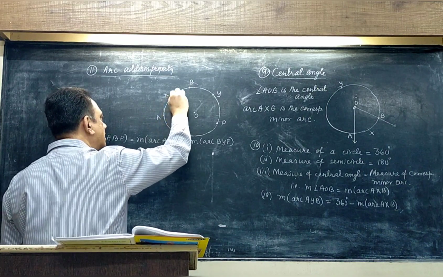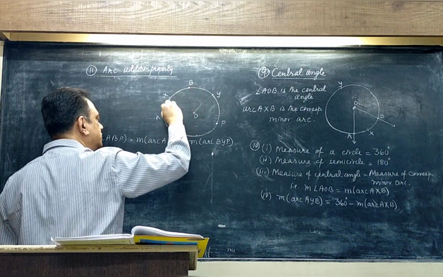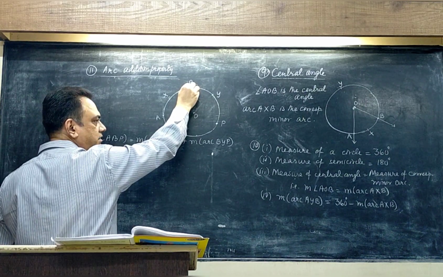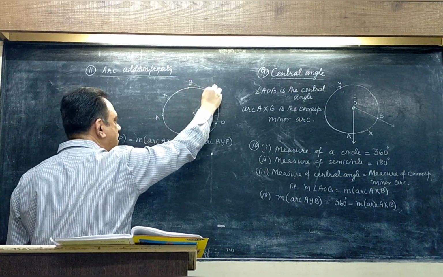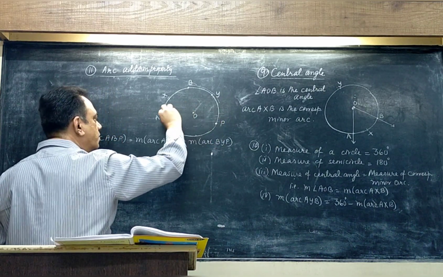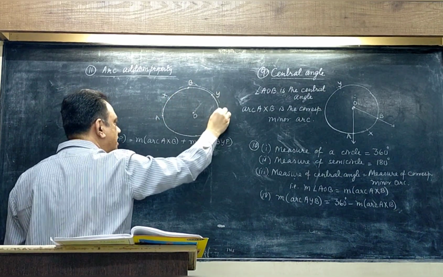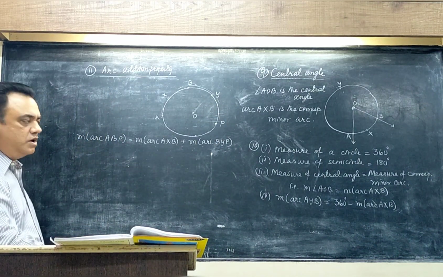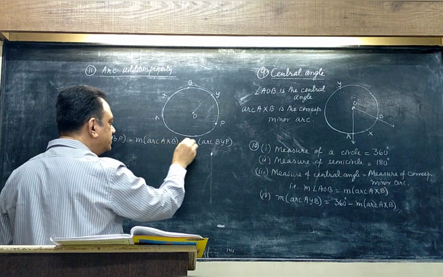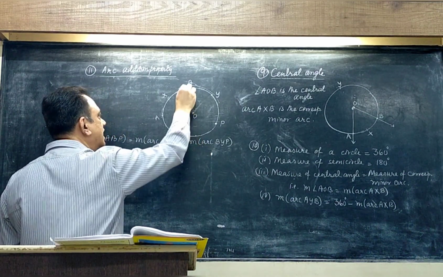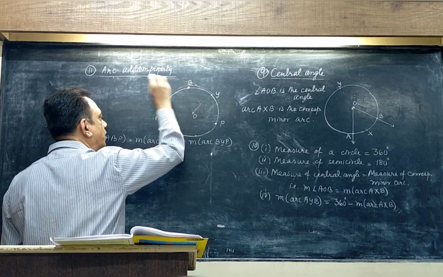Suppose the measure of arc AXB is 60 degrees and the measure of arc BYP is 50 degrees. Then what will be the measure of arc ABP? That is 110 degrees. We can add the measure of these two arcs only because they have a common end point.